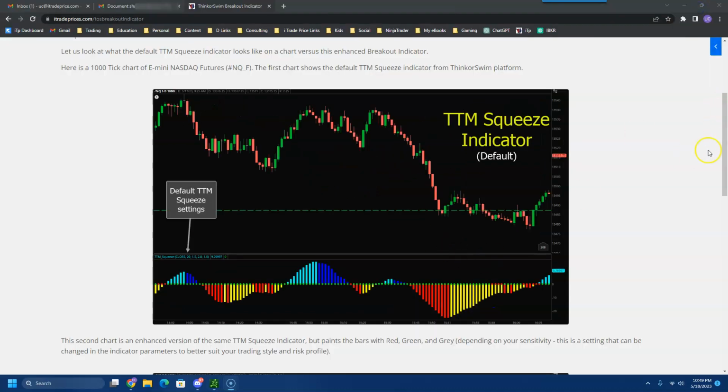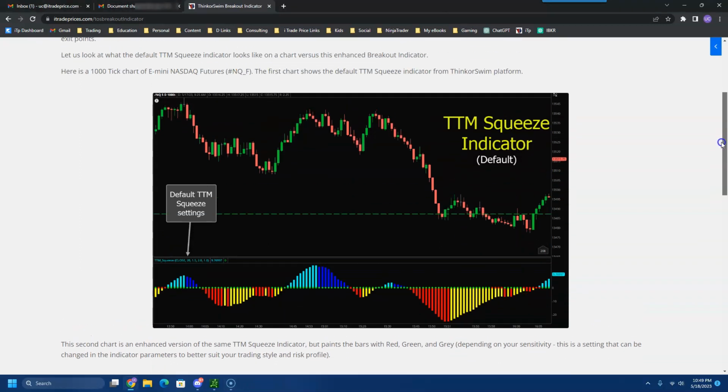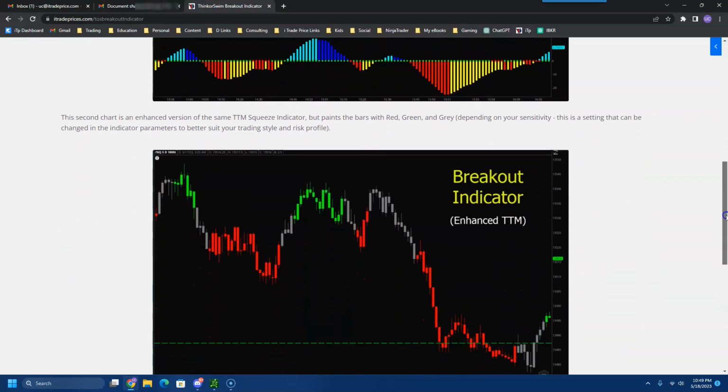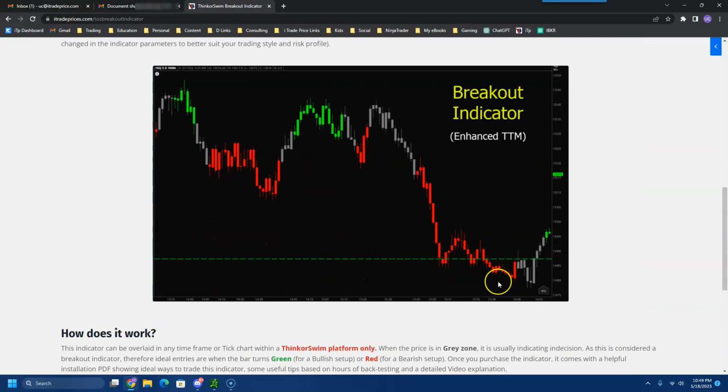So what I've done is it's generally a breakout indicator because of course you can use it as per your liking, but the way I have enhanced it is that I've taken all this information, and instead of looking at the indicator and trying to figure out what's happening, you can actually see it right on the candlesticks itself, on the chart itself, right?